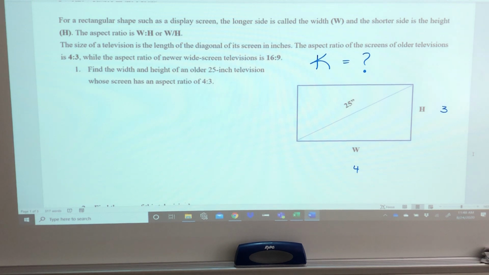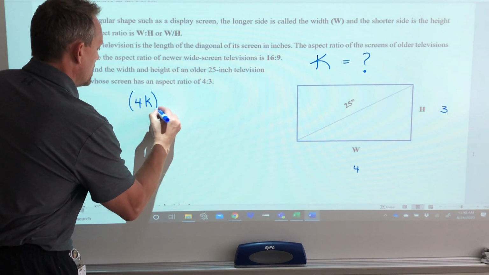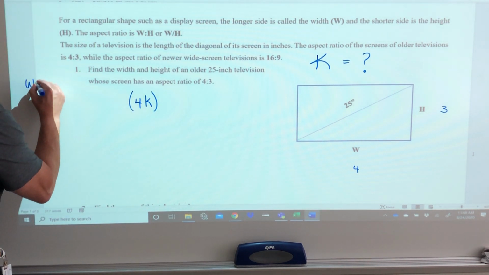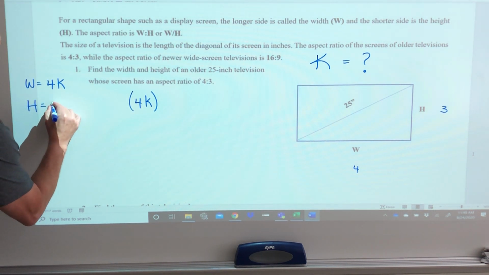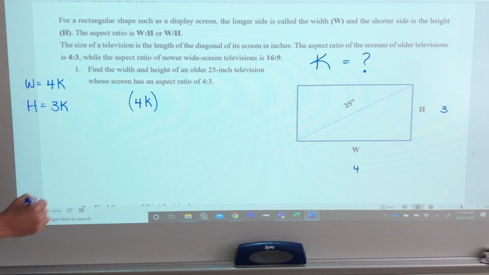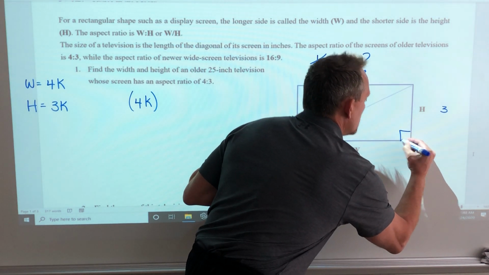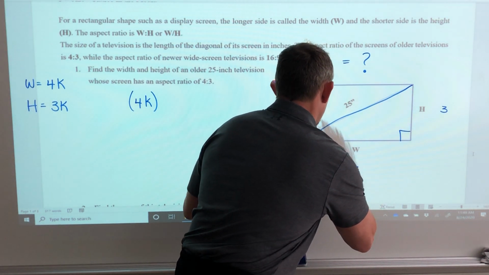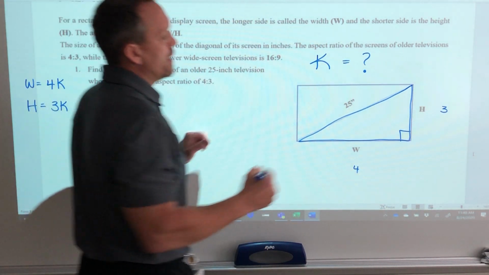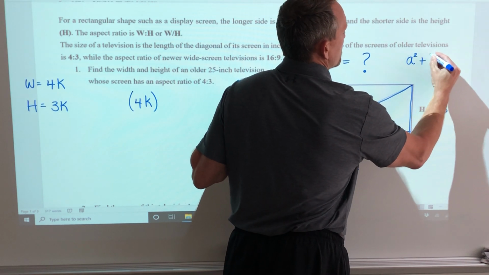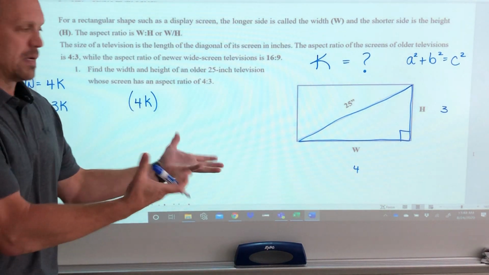So what we're going to have here is 4K. So our width will equal 4K. Our height will equal 3K. And based upon this, we could consider this a right triangle. Because it's a right triangle, we can use the Pythagorean theorem to determine our size.